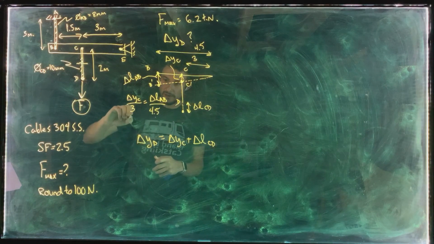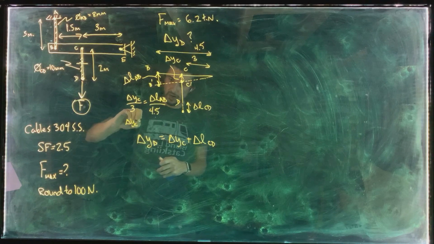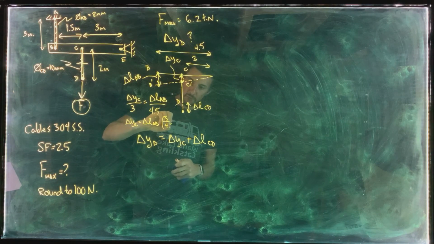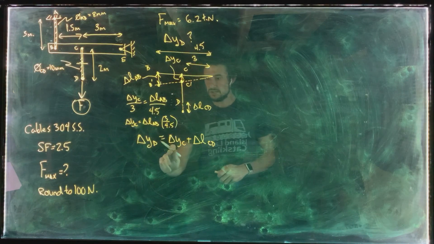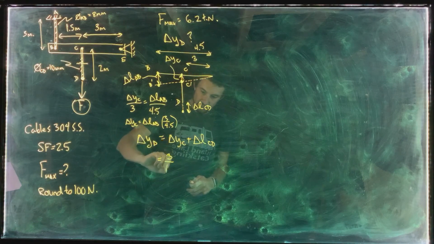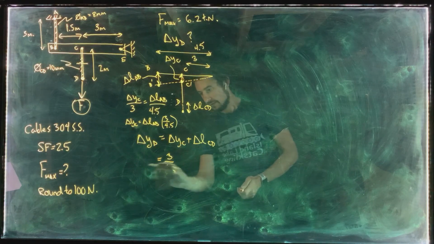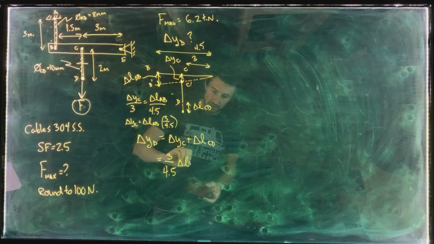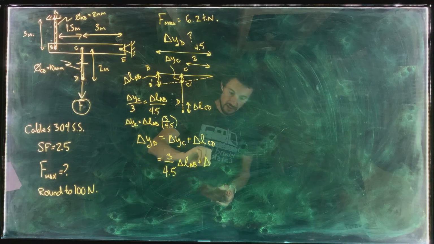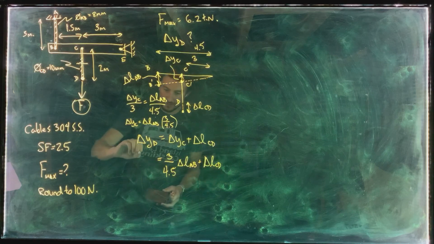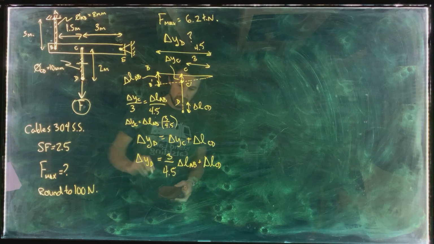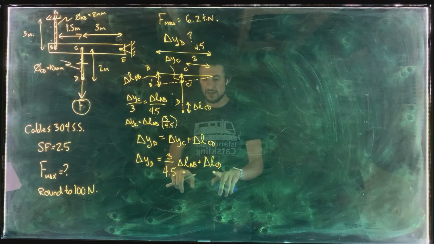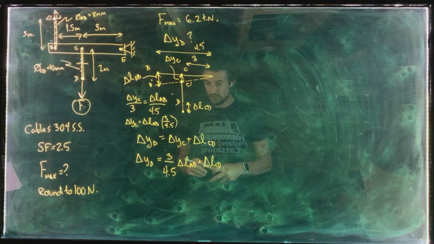So now we've got an expression, delta YC is the change in length of AB multiplied by 3 over 4.5. Okay, so we can substitute that in right down here, 3 over 4.5 delta LAB plus delta LCD is going to give us the total change in the y position of point D. So now we just need to calculate these two axial deformations.